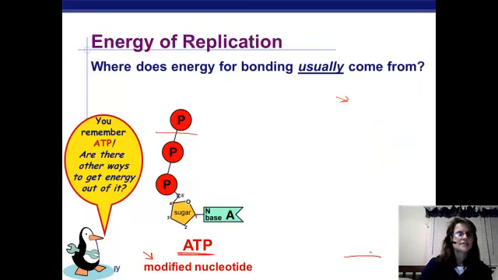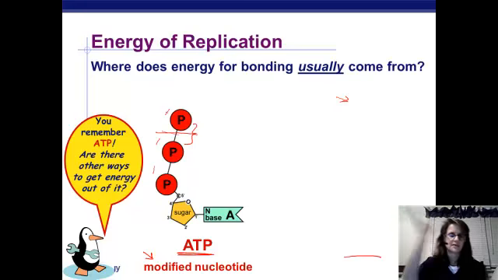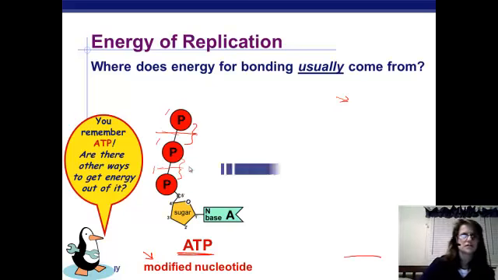So, there are other ways to get energy from ATP though. Remember, there's another bond that is also under stress. This bond is under a lot of stress because all of these things are negatively charged and they repel each other, so you flick that one off and it comes off and we can release energy very easily. But these two here are also negatives and negatives, and so if you break the bond there, that's going to release some energy too.